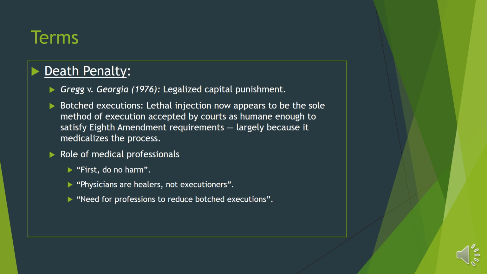The same applies to electrocution, where there would be all sorts of smells and horrific sights for the people watching it. This all led to concerns about Eighth Amendment requirements for human rights. And so over time, these other methods were abandoned, and in their place, the lethal injection process was used.